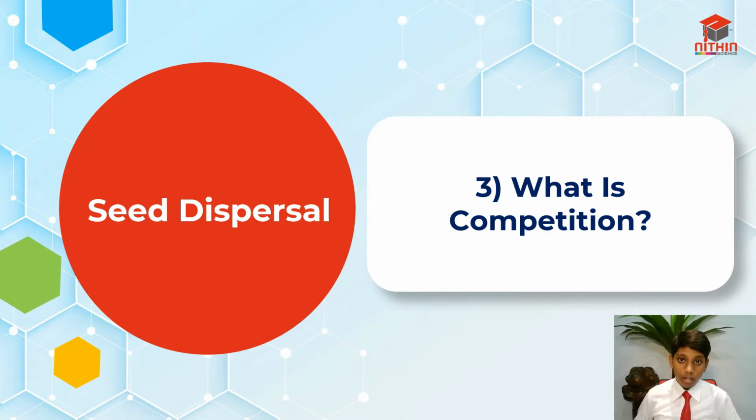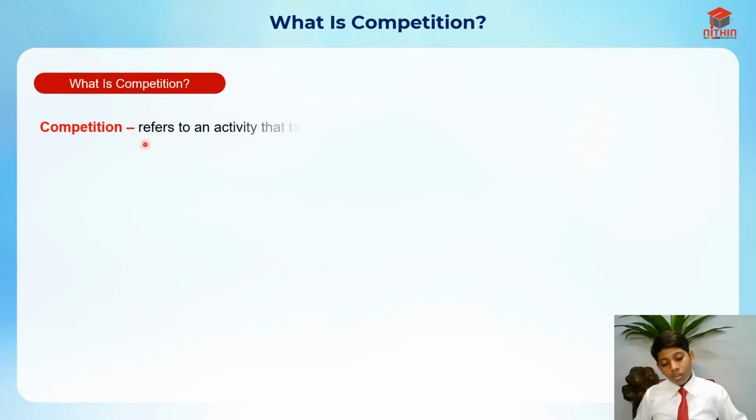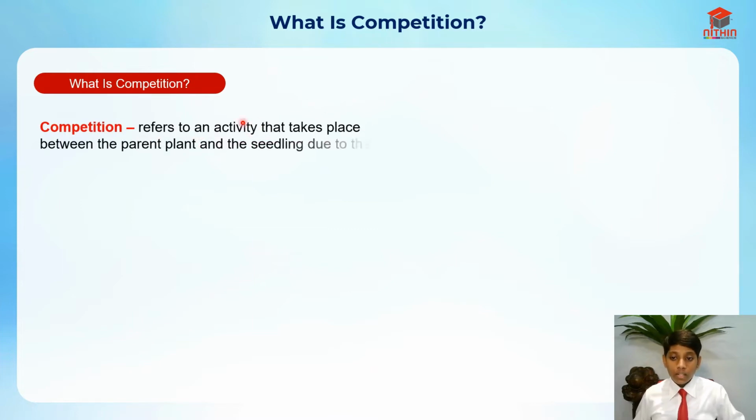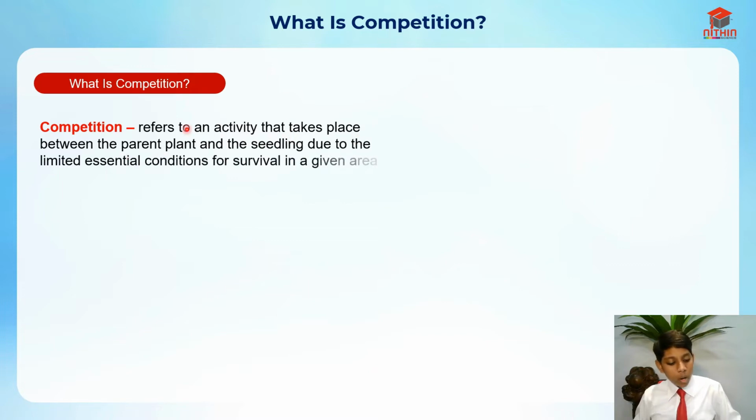Competition refers to an activity that takes place between the parent plant and the seedling due to the limited essential conditions for survival in a given area. They compete for sunlight, they compete for water and mineral salts.